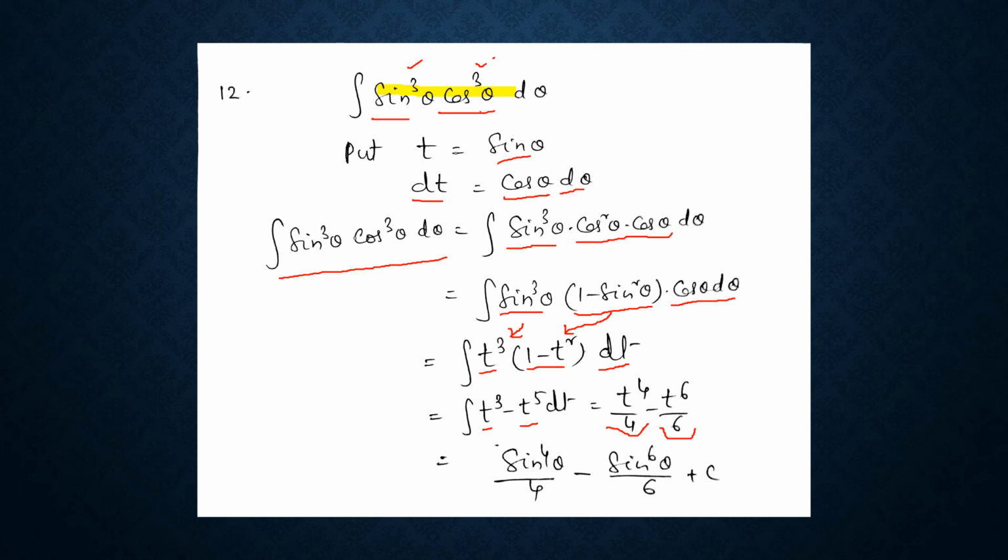Now by substituting t is equal to sine theta, that is sine theta whole to the power of 4 by 4 minus sine theta whole to the power of 6 by 6. That can be written as sine to the power of 4 theta by 4 minus sine to the power of 6 theta by 6 plus c is the answer.